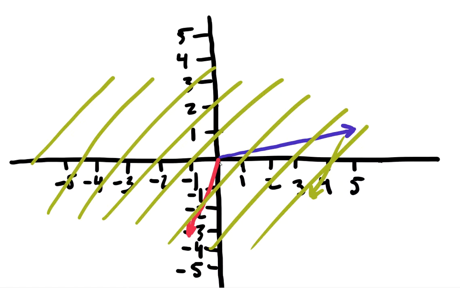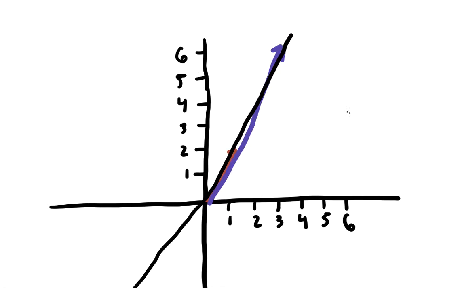Essentially, using these two vectors, I can get anywhere on this plane. And that's what it means to be linearly independent, as opposed to these two vectors, which are linearly dependent. They can only span this line. You can only get points on this line.